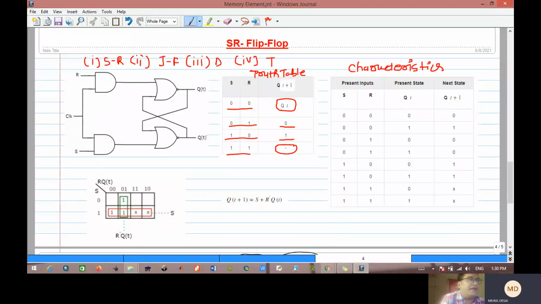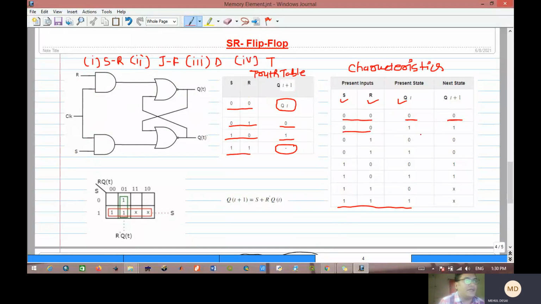Now the characteristic table. For the characteristic table, the present inputs are S and R and the present state is QT. With 3 inputs, from 0 0 0 up to 1 1 1, there are 8 possibilities. When input is 0 0, based on that characteristic truth table, output is QT. Whatever the input QT, the same output is QT plus 1.